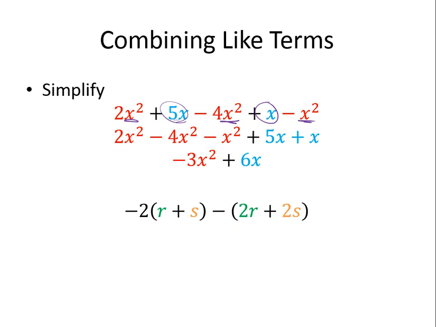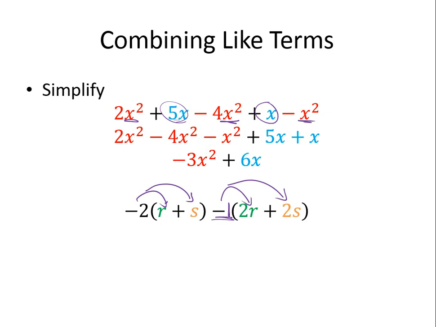Okay. So now this next one, as we see here, we've got to do the parentheses first. Is there anything inside the parentheses we can combine? Well, no. R and S cannot be combined. They're not the same. They're different. So then after that, we're going to distribute the -2. So we're going to distribute the -2 into both parts. And then if you see here, that's a -1. So we're going to distribute a -1 into both parts.